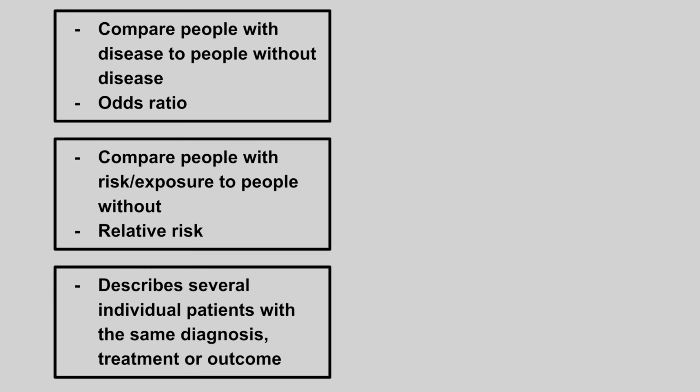So first, I want to start off by talking about different types of observational studies. The first one compares people with disease to people without disease, and we calculate the odds ratio with this. This is case control.